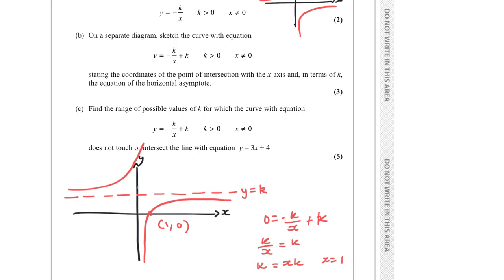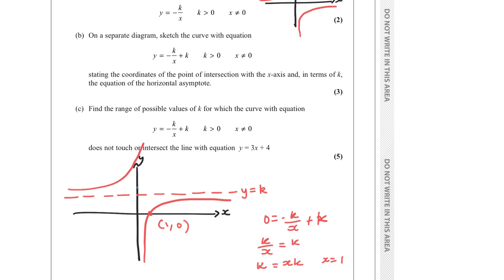We know 3x plus 4 is positive gradient, and it crosses at 4. So for it to have no solutions, ideally, we want it to be kind of where the asymptote is. But we want it to be like between here and here. So wherever the graph is, as long as that is in between.